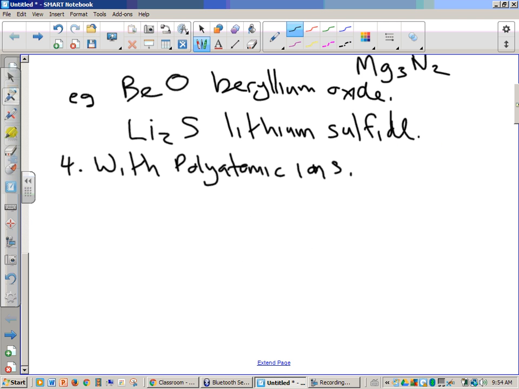So if I had something like K2CO3, what was that CO3 called? This is obviously potassium. Potassium, and you don't have to have it memorized. You'll have the chart when we do this, but I'm just wondering if anybody remembers what we called it when it had the O's on the end of it.